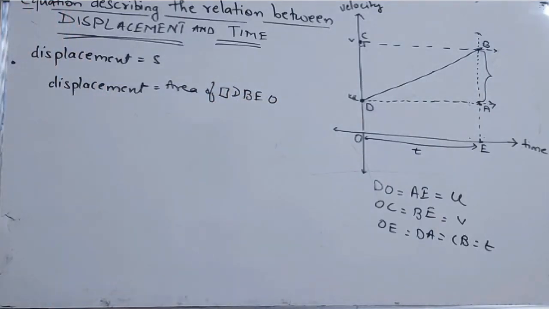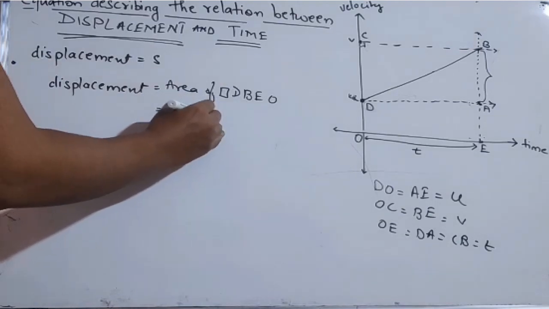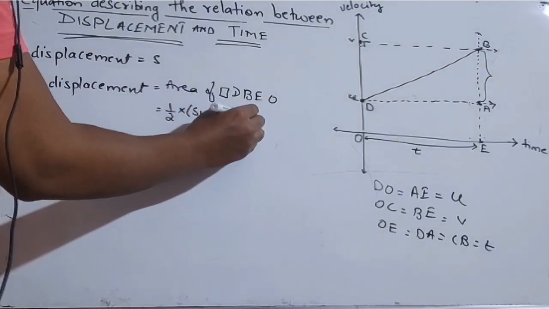What kind of quadrilateral is DBEO? DBEO is a trapezium.